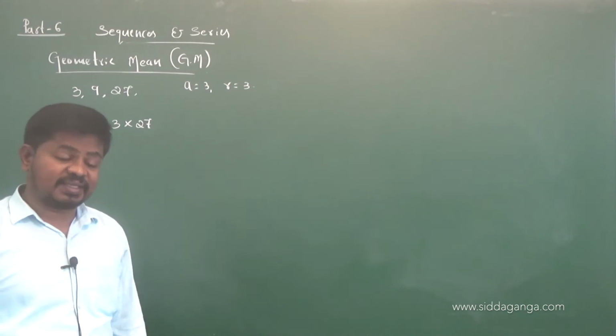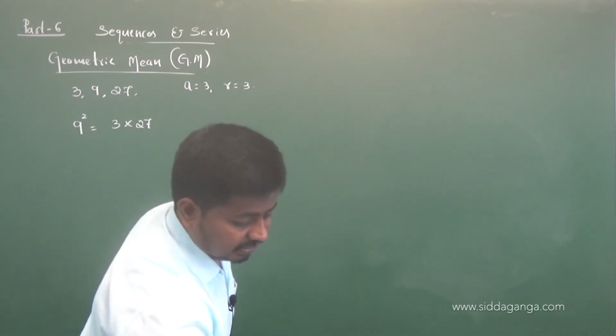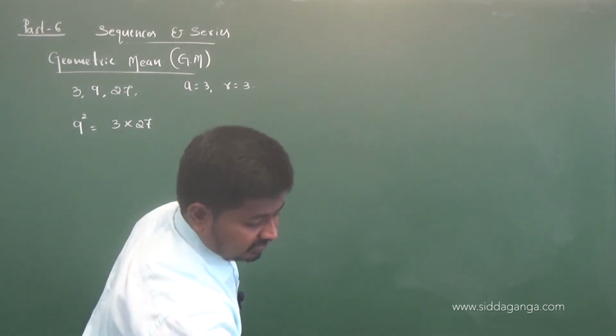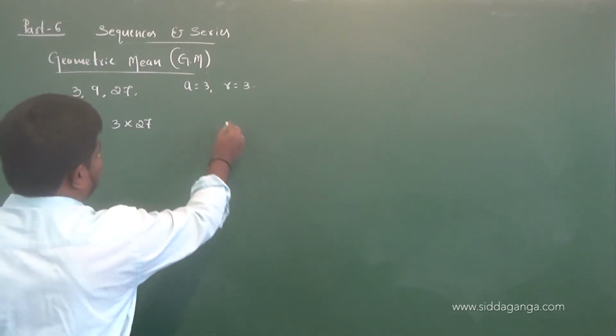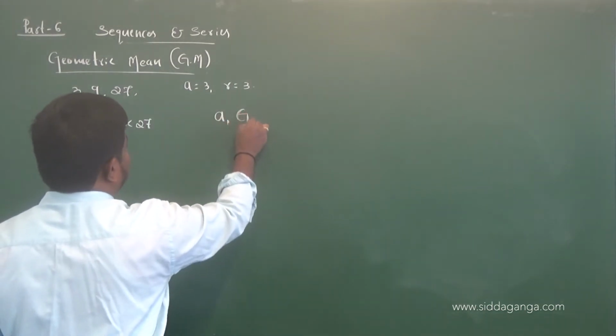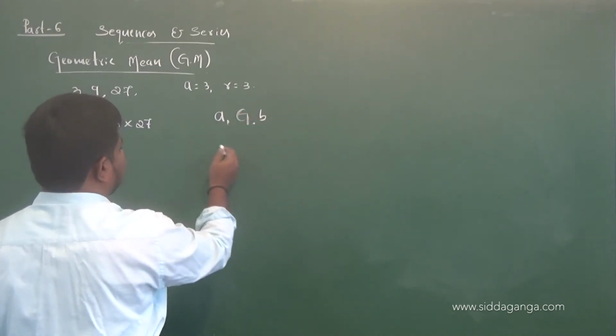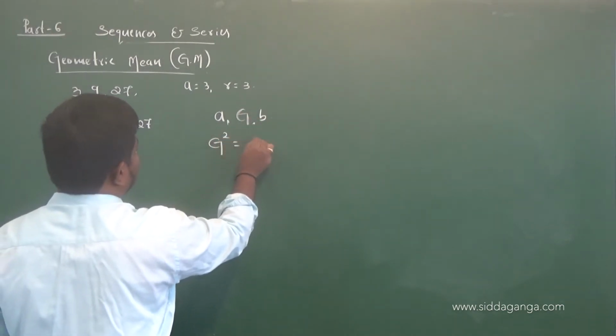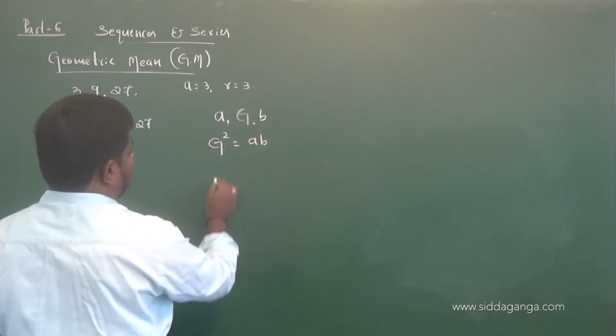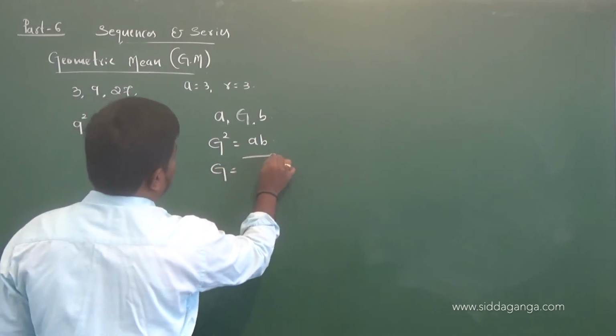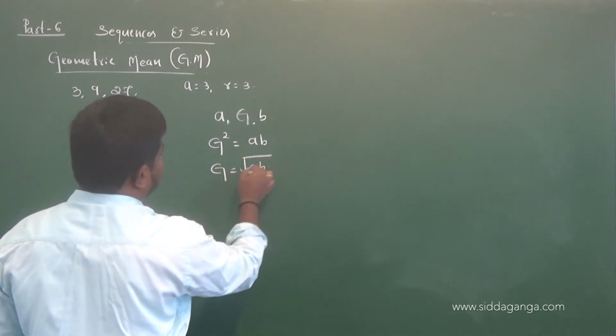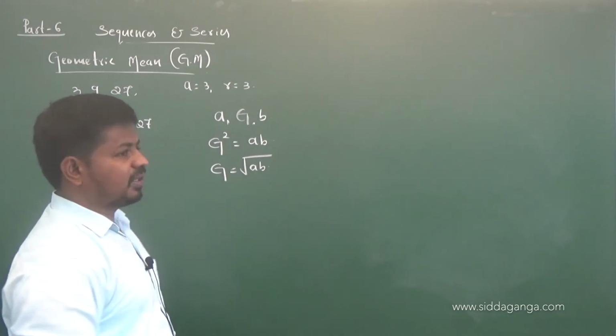This happens whenever 3 numbers are in GP. In general, when A, G and B are in GP, then G square is always equal to A into B, or I can write G is equal to root of AB. So, this is the relation between the numbers when they are in GP.